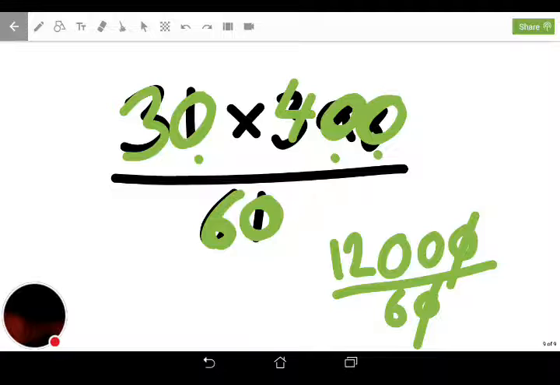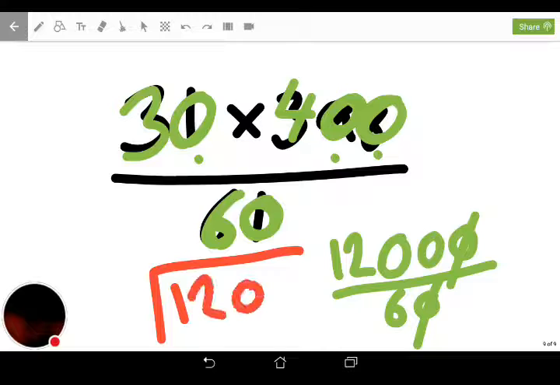Essentially, if I was to use the bus stop method, that might help us visualize it a little bit better. So I've got 1200 divided by 6. I'm saying how many 6s go into 12? It's 2, and then there's 2 zeros on top. So my estimated answer to 31 times 398 divided by 61 is 200. As I said earlier, the answer will be around about 200. Not going to be exactly 200, but it'll be around about 200.